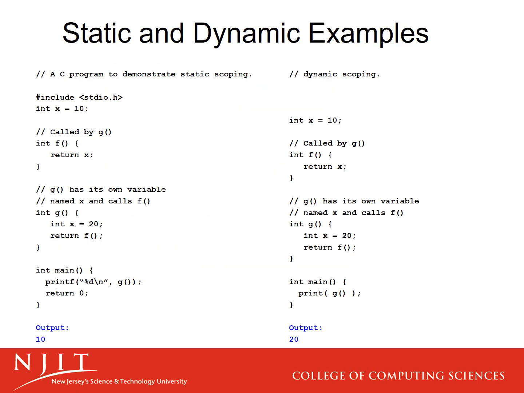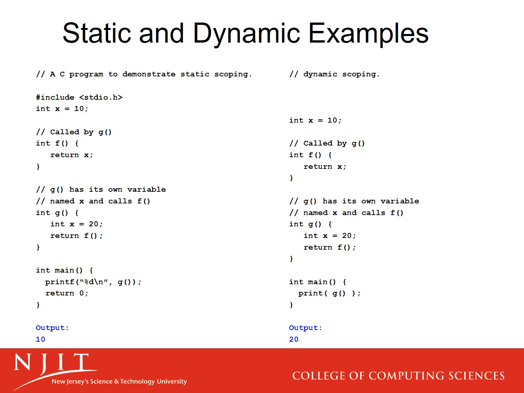So here's an example of this. On the left-hand side, I wrote a C program that has static scoping. So main calls G, which calls F. G has an integer named x, and that x is declared inside of the scope of the function G. It's only visible inside of G. G calls F. F returns x.